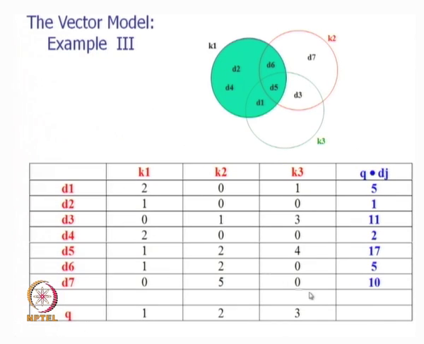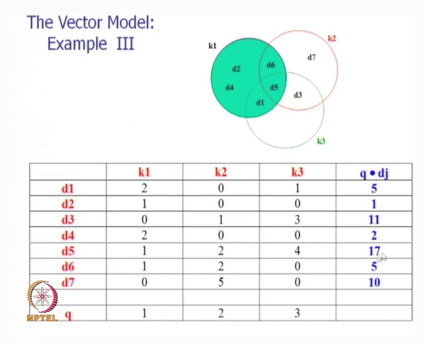Moving further, if we now have weightages reflected in the documents also. So, in document D1, K1's weightage is 2, in document D4, K1's weightage is 4, in D5 its weightage is only 1, it is just present without any weight modification. Similarly, K3 has weightage of 1 in D1, 3 in D3, 4 in D5 and so on.